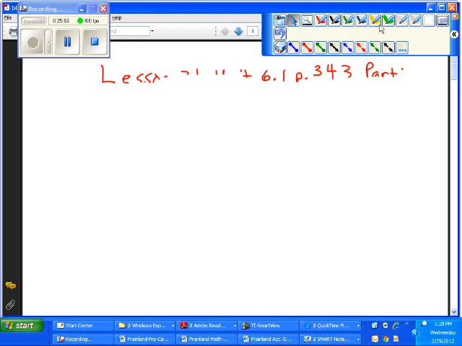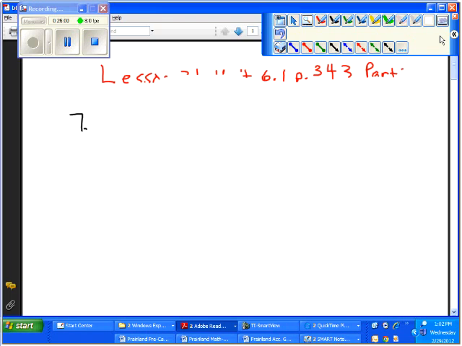And we are on question number 7 on our worksheet. Question 7 says, given the measure of a central angle, find the length of its intercepted arc in a circle of radius 14.